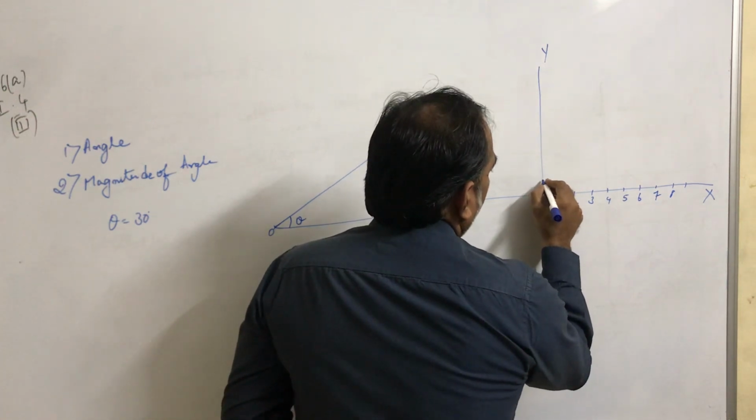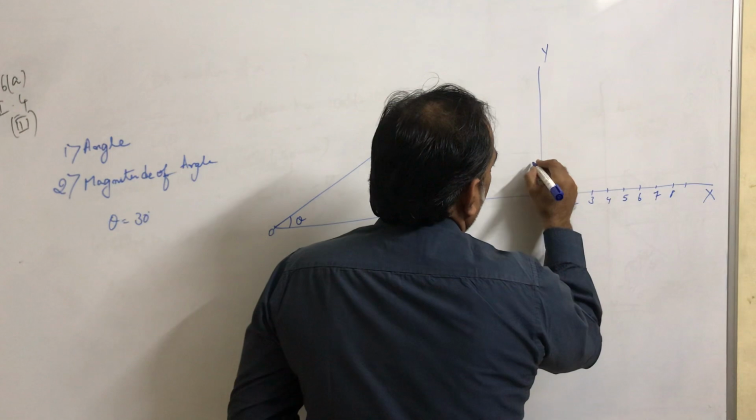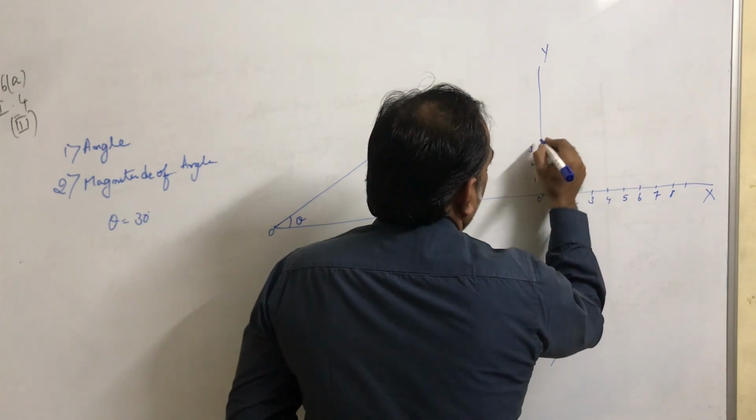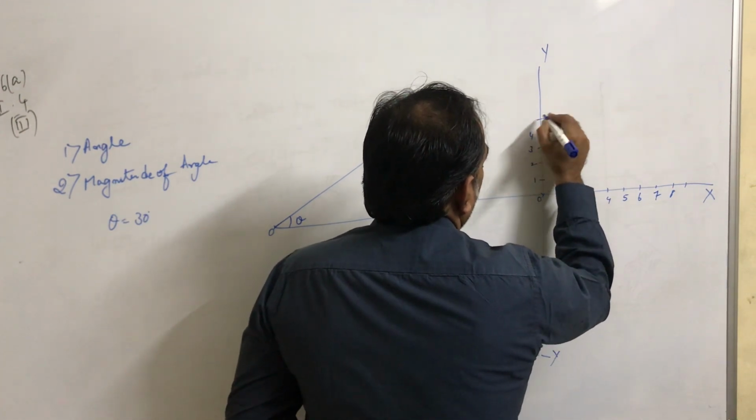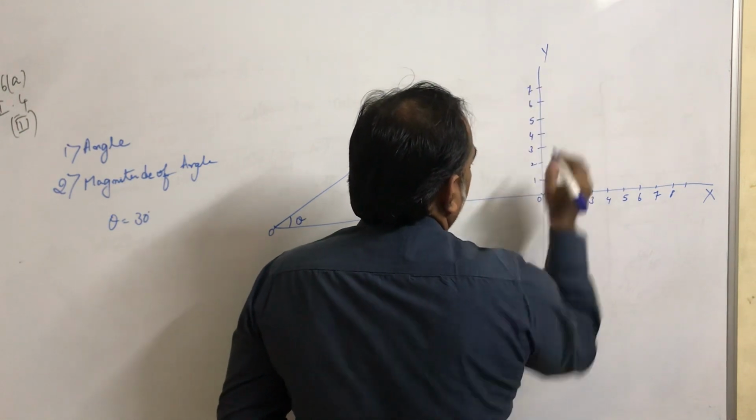The points represented on positive y are 1, 2, 3, 4, 5, 6, 7, like this.